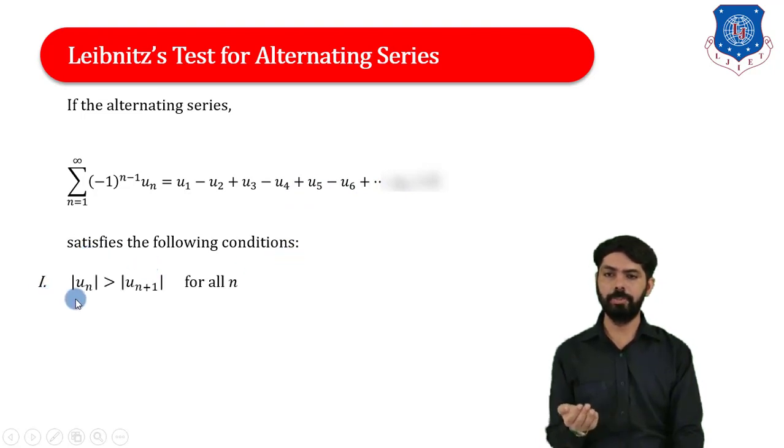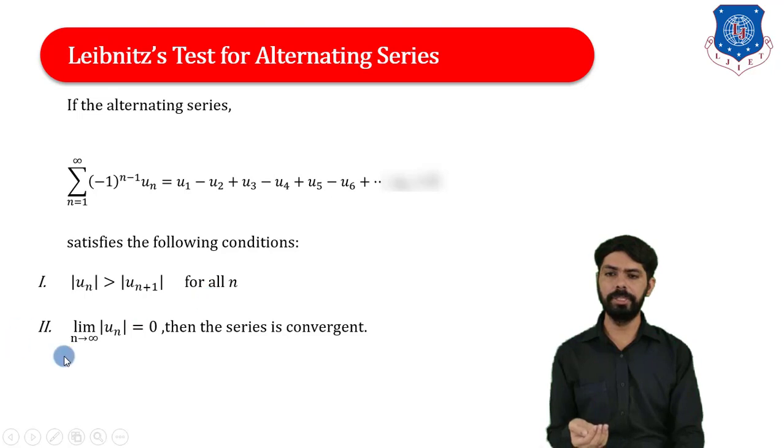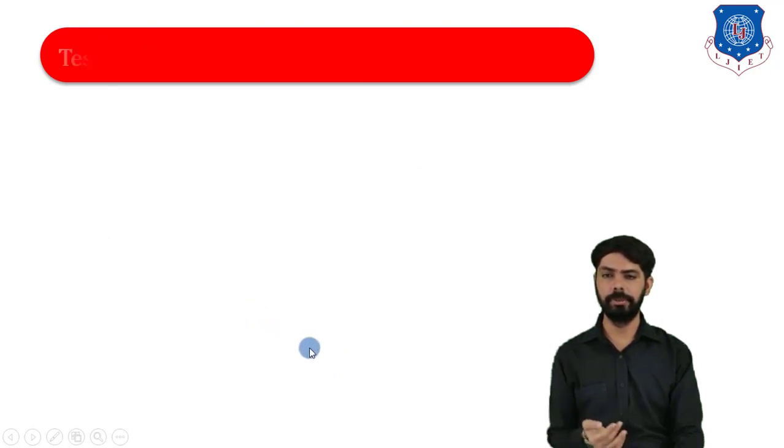First condition is modulus of u_n greater than modulus of u_(n plus 1) for all n. Then second condition, if limit n tends to infinite modulus of u_n is equal to 0, then the series is convergent. So if these two conditions are satisfied, then we can say that series is convergent.